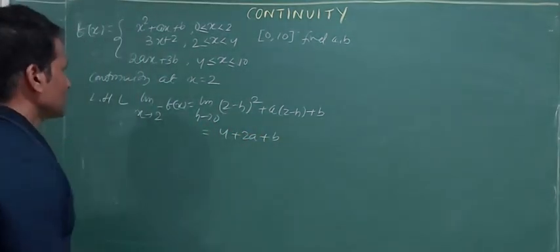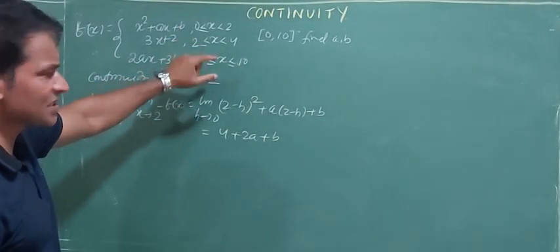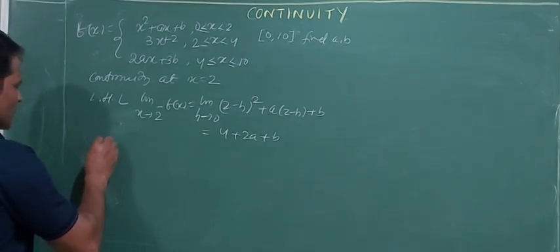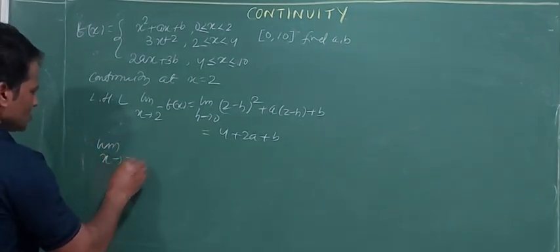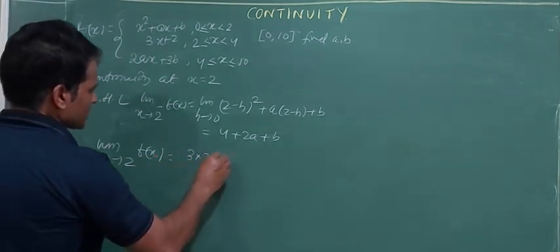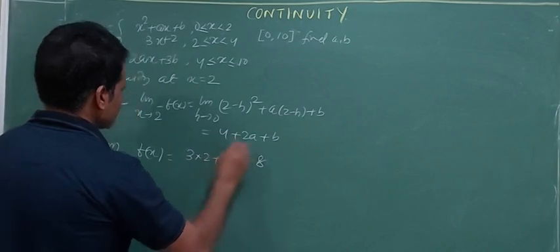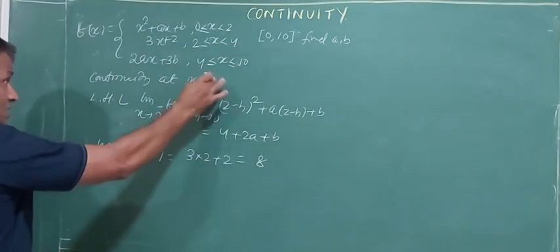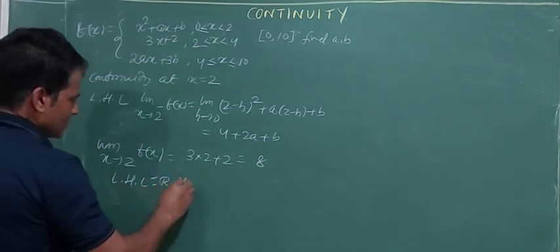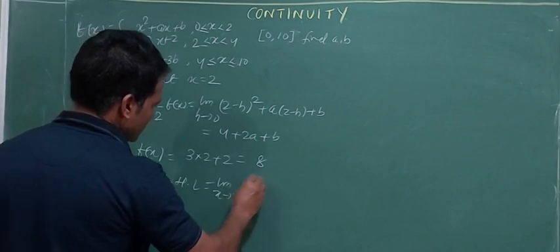LHL I got. RHL, 2 conditions there, greater than or equal to. Whichever is easy you consider, obviously the equal sign will be easy. At the point, limit x tends to 2 f(x), 3 into 2 plus 2, that is 6 plus 2, 8. So as it is continuous at x equal to 2, LHL, RHL and limit x tends to 2 f(x) are equal.